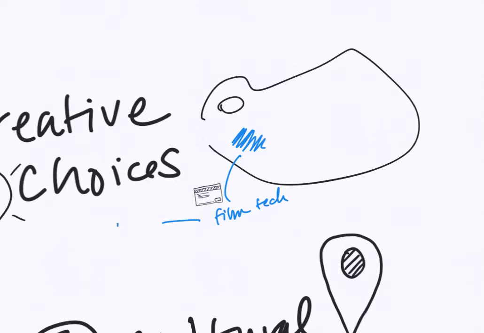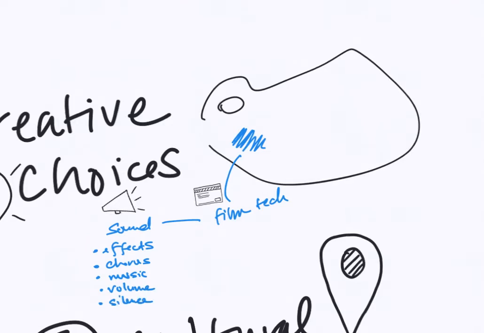It includes sound. So here we're talking about things like sound effects. We're thinking about things like the sort of chorus or like the chatter in the background. We're thinking about like a musical score. We're thinking about volume. And we're also thinking about things like silence, right? So that's part of film technique, right?